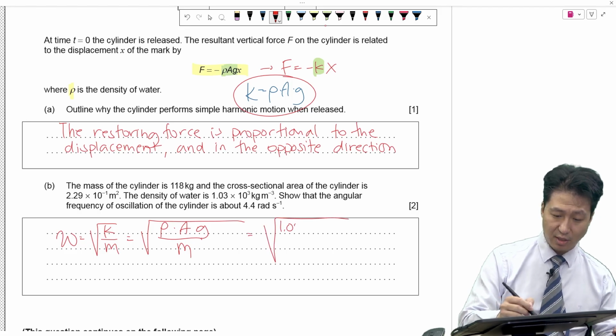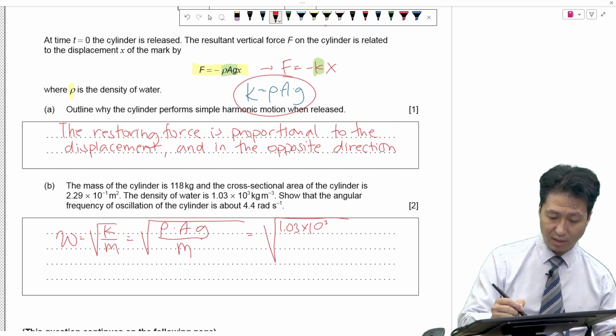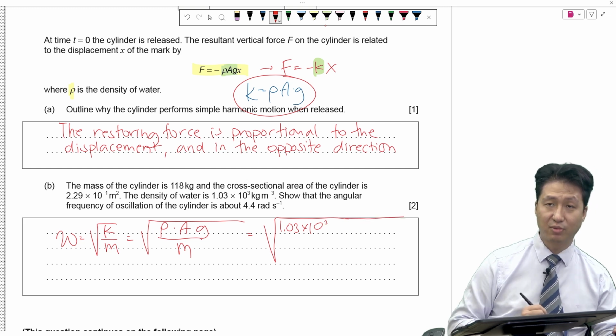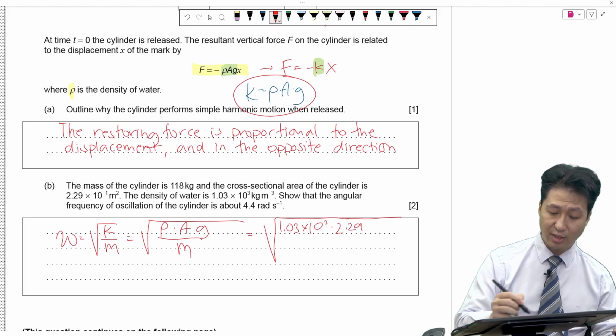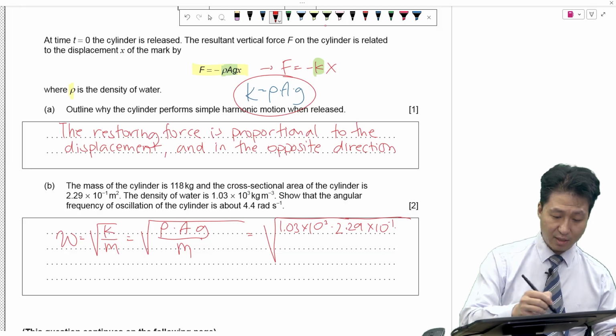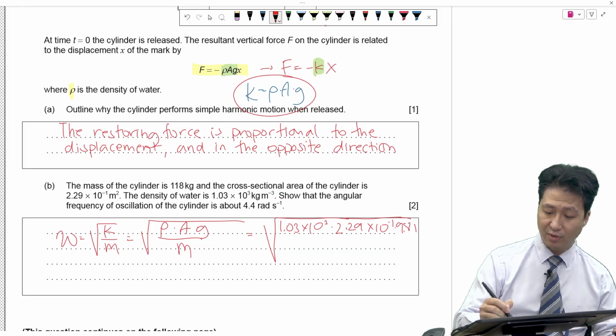square root. The density is 1.03 times 10 to the third kilograms per cubic meter. Cross-sectional area 2.29 times 10 to the negative 1. Gravitational acceleration 9.81 divided by 118.